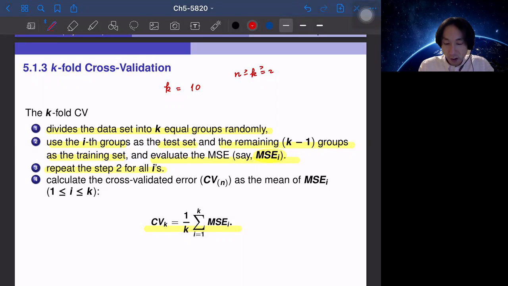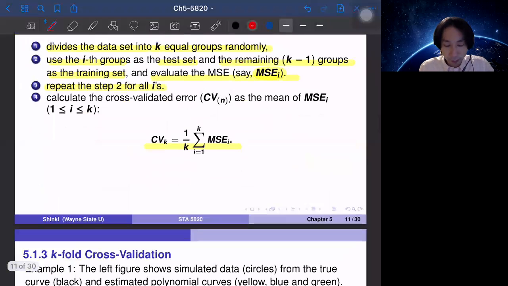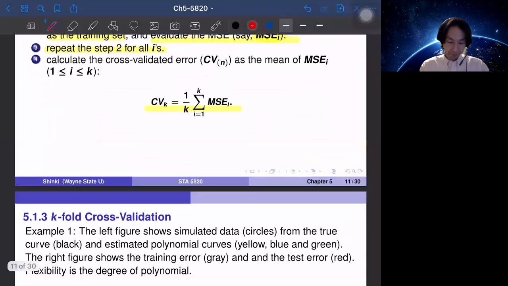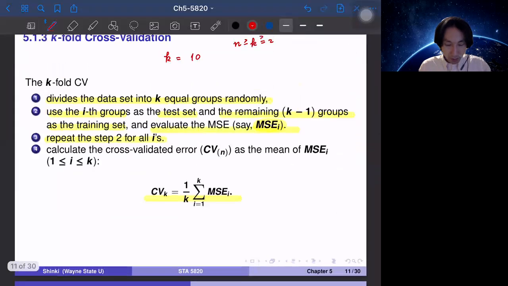If it's a really computer intensive model, you can use k equal to 2. If not, maybe you can use just k equal to 10. And if it's very quick, maybe you can use even larger k. Any questions about the concepts of k-fold cross-validation?